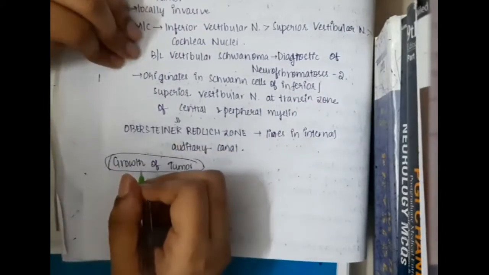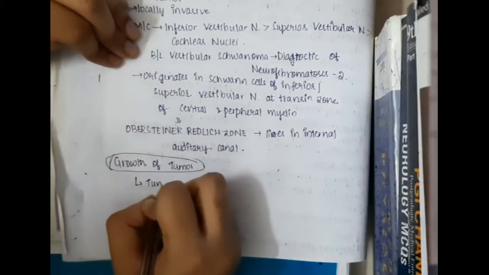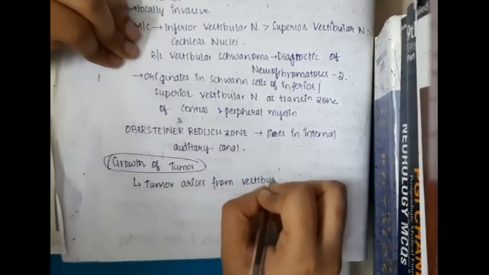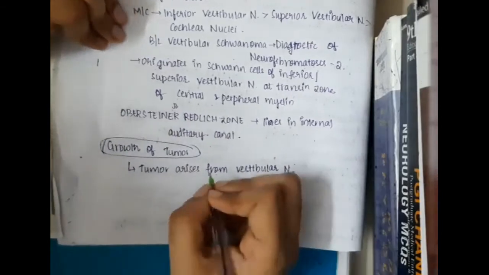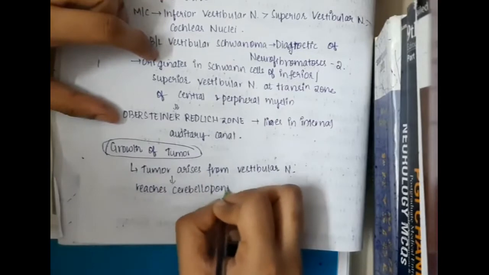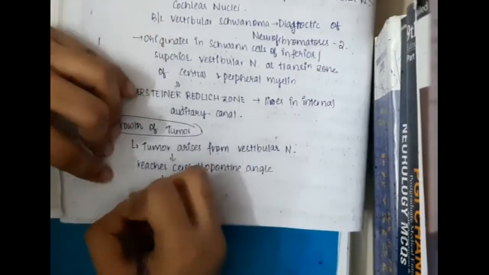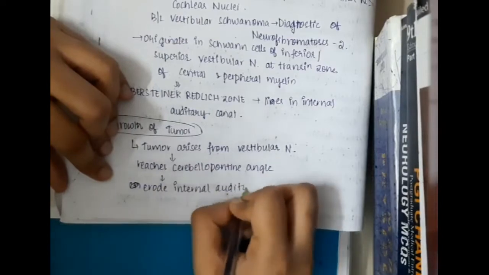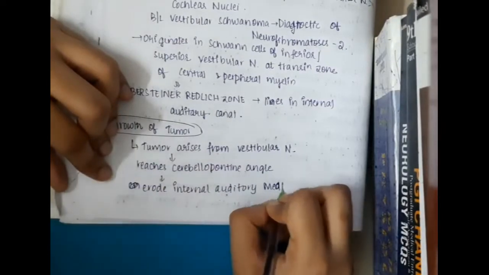Then we have growth of the tumor. The tumor arises from the vestibular nerve and reaches the cerebellopontine angle, and then it erodes the internal auditory meatus.